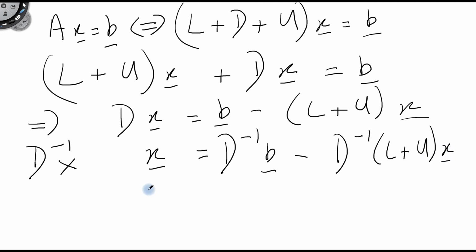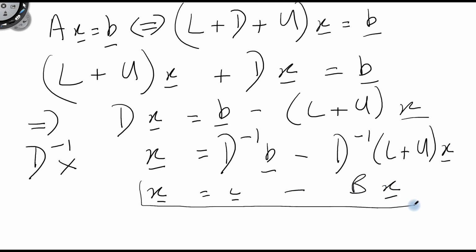And look, it's in the same form. It's x equals C minus B of x. Yeah, that's the form that we're looking for.